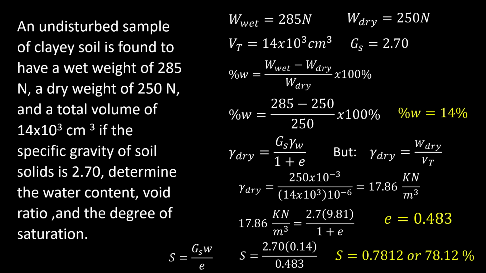Now, let us have a summary of all our results. The value for our water content is 14%, the void ratio is 0.483, and the degree of saturation is 78.12%.